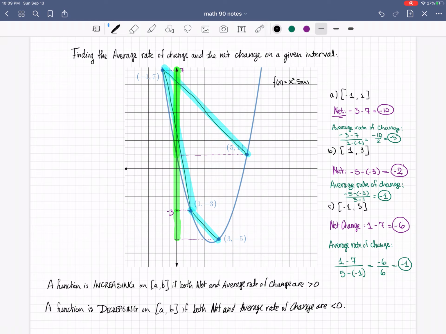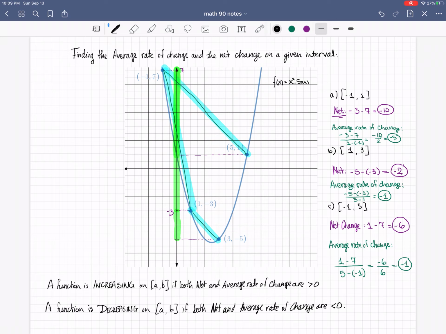So over all 3 of these examples, this function is decreasing. Now, if you're sitting here thinking, so does that mean that this function is just always decreasing? No, we have just talked about these 3 intervals.